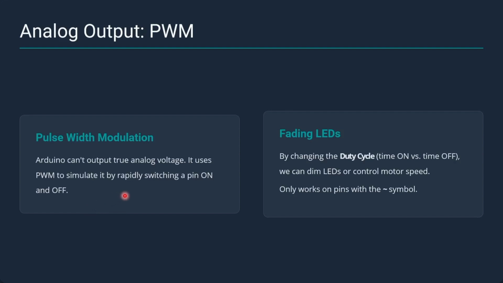It switches a digital pin on and off thousands of times per second. If it is on for 50% of the time, the average voltage is 2.5 and the LED appears half bright. We call this the duty cycle. Okay, only pins with this symbol support the PWM function.